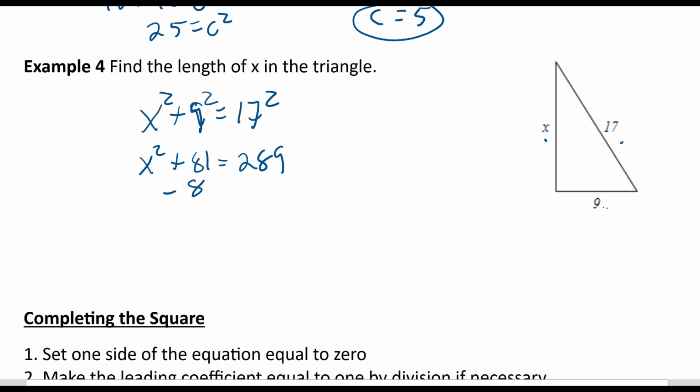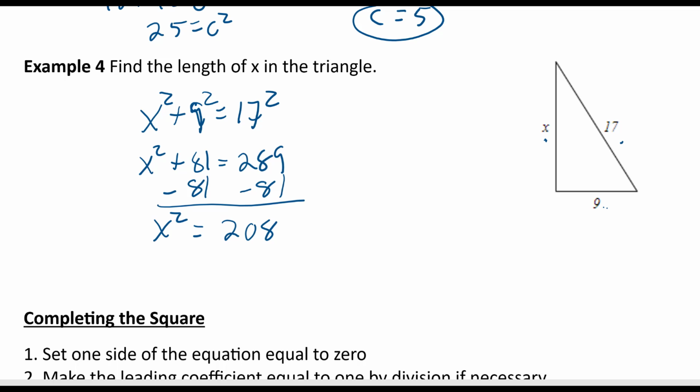So we can subtract the 81 from both sides, and x squared equals 208. If I want the square root, that's not a perfect square. So I'm trying to think what might be a good breakdown there.